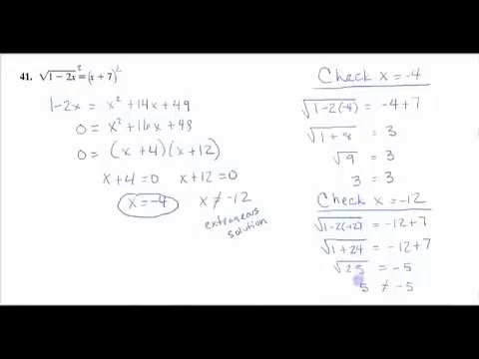We do need to check all solutions in the original equation, and then we can throw out any extraneous solutions that may appear at first to be solutions but don't actually check out. So we have just one solution of x equals negative 4. It's also possible that we could have two solutions, or we could have no solutions on any of these radical equations.